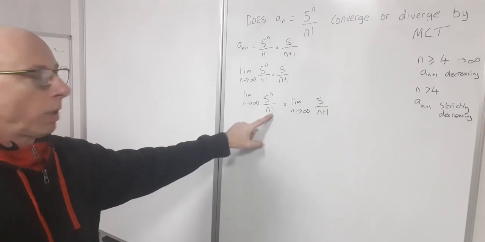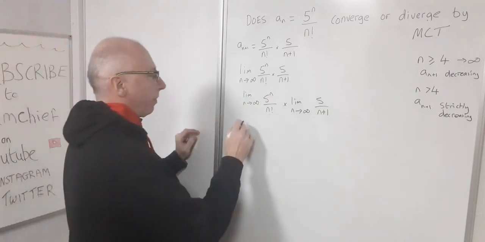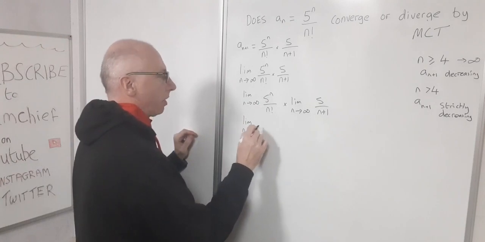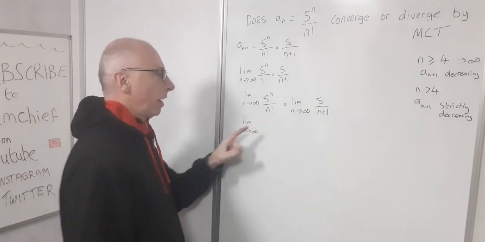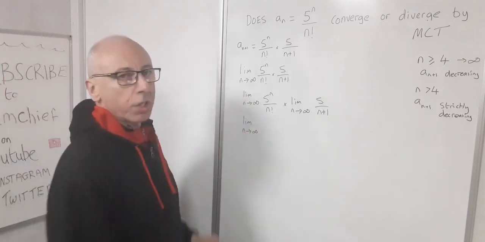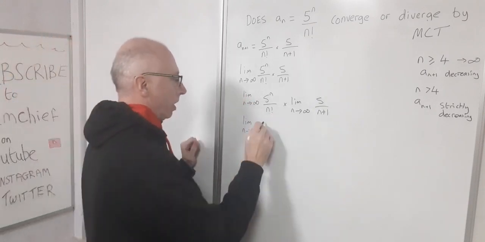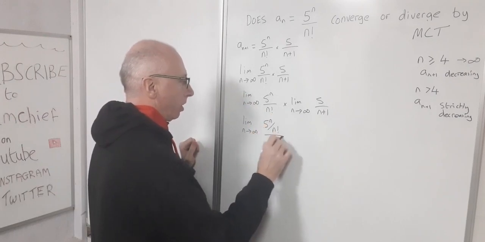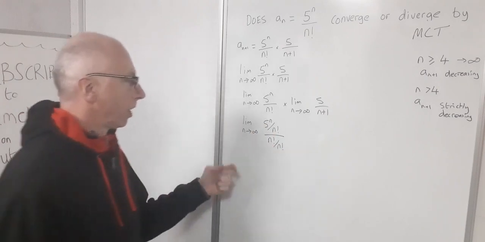Okay, let's break this one down first. The limit as n approaches infinity, well, n factorial is the most powerful term. So let's divide all the terms by n factorial. So now I've got 5 to the n over n factorial divided by n factorial over n factorial.